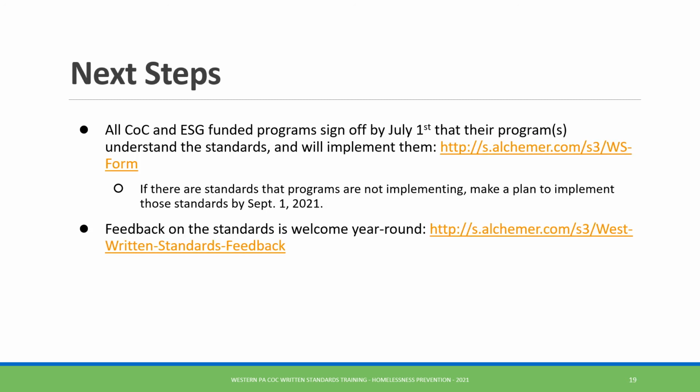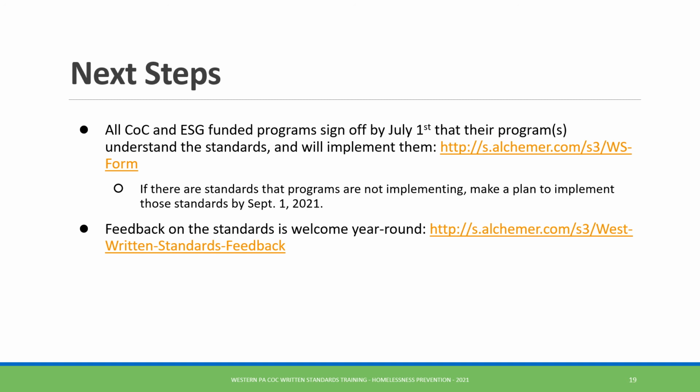Okay, so most of these standards are not new, but if there are standards your program is not implementing, you'll need to make a plan in terms of rolling out that implementation. So the CoC is asking for all CoC and ESG funded programs to sign off by July 1st of 2021 that their program understands the standards and will be implementing them.